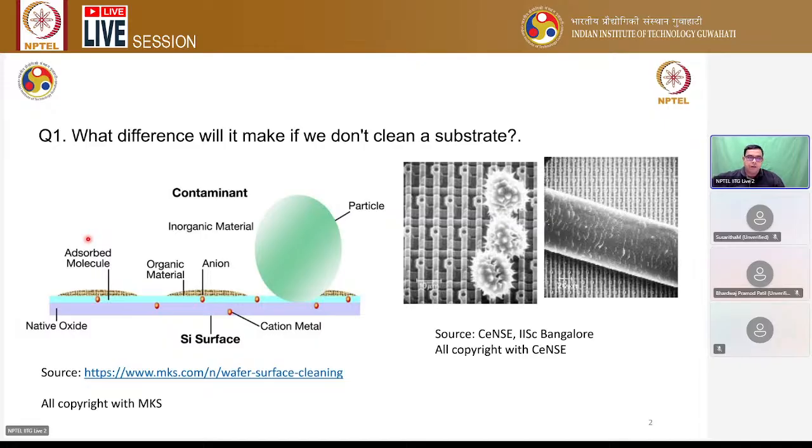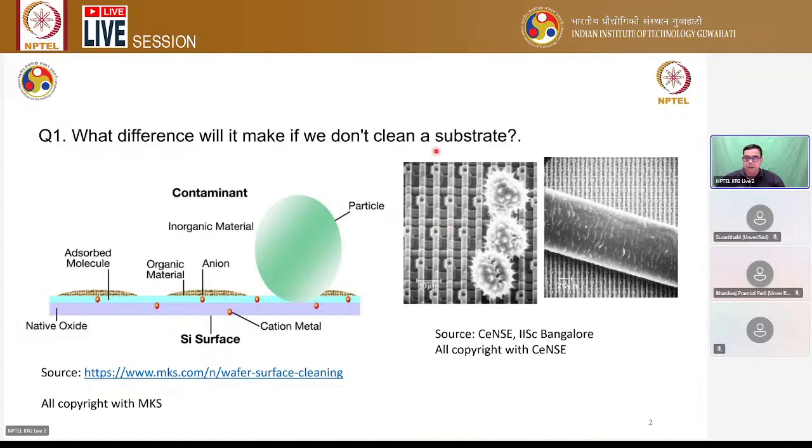So all these particles, if you do not clean, although they look like small particles on a bigger wafer, please remember that the structure that you are going to fabricate is a small structure. Just see one example shown over here. This is a 10 micron scale on which something is patterned.